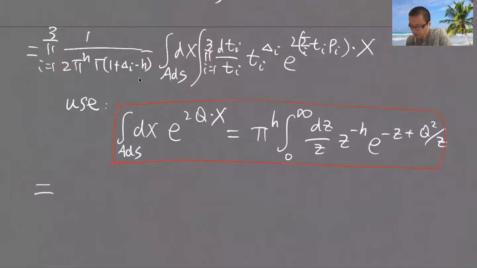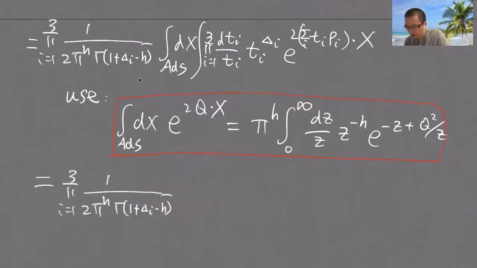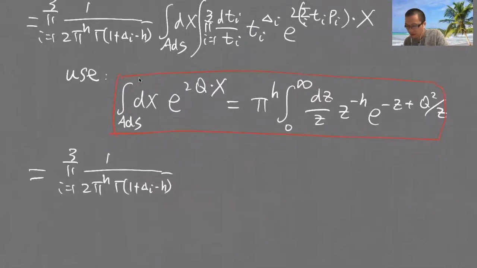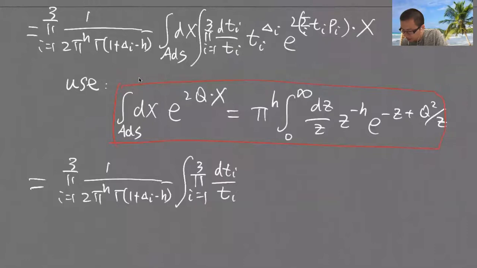So use this identity. Let me box it here. Then we have this prefactor, and now I have done the AdS integral. So I have the product over i from 1 to 3 of dt_i over t_i, t_i^Δ_i.